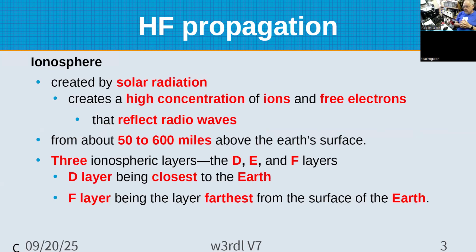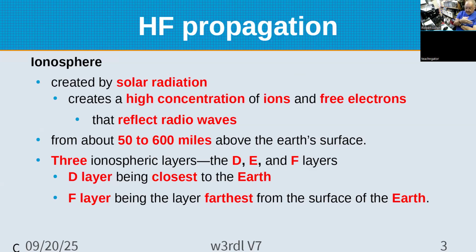The ionosphere is actually created because of solar radiation that's being generated by the sun. And sunspots are really kind of like holes on the surface, so it allows a lot of that radiation to escape, which is why the higher the sunspot activity, the more ionization that we see on the ionosphere.